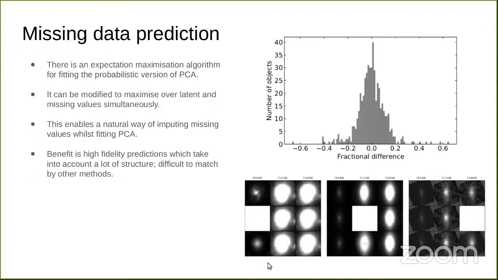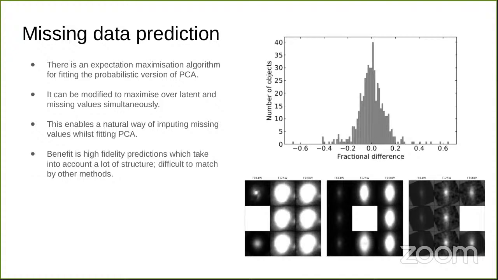And then I used a sort of maximum likelihood algorithm to impute the missing band using the probabilistic interpretation of PCA as a Gaussian. And yeah, it's able to get some really good results.